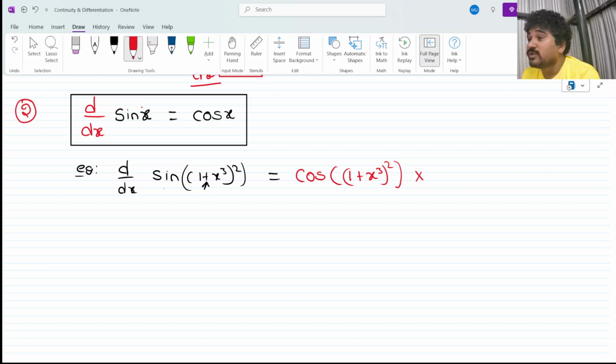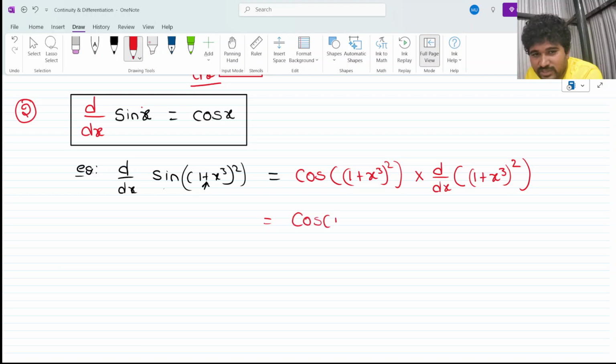Into d by dx of whom I have to do the extra differentiation now? 1 plus x cube whole square. Is that clear? Now observe carefully. It is looking like something square. Am I correct or not? Then what is the formula? You rewrite the step as it is: cos of 1 plus x cube whole square as it is.